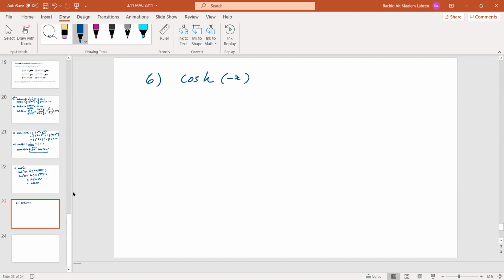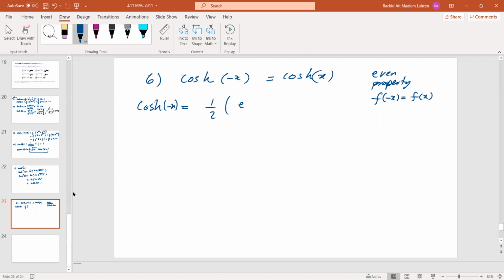Sometimes you have proofs in the notes, but let's look at a simple one. We can prove that this is the same as this. That's an even property: we say even function when f of negative x equals f of x. So let's see, we start with the left side.